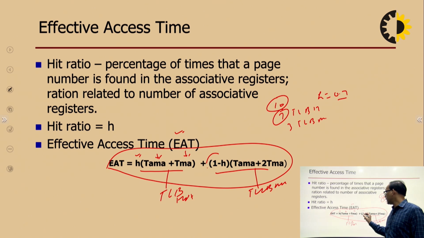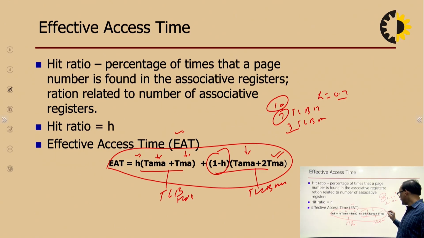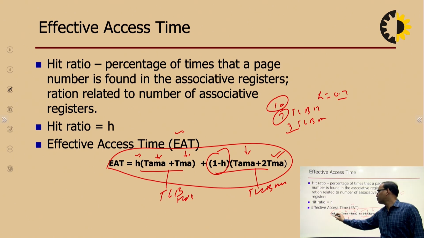But for the miss, that is 1 minus H, which is 10 minus 7, 3, or 1 minus 0.7, 0.3, one access is required for the associative memory or TLB and two accesses are required for main memory. So by putting in the values of the associative memory access time, the main memory access time and the hit ratio, we can easily obtain the effective memory access time.